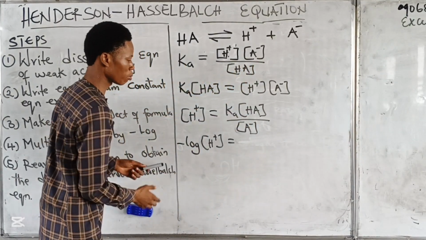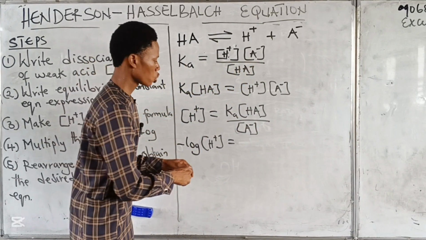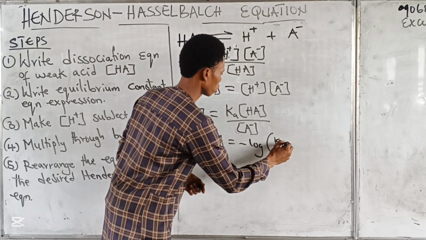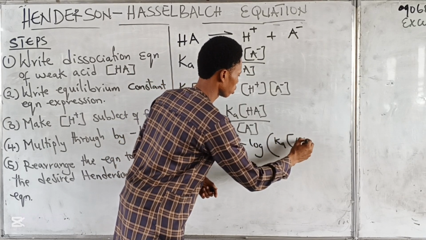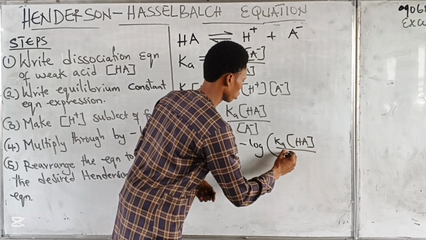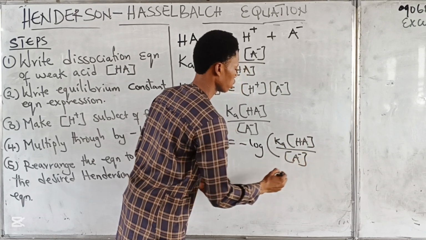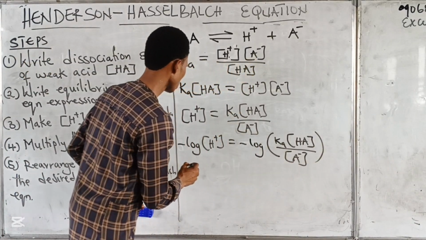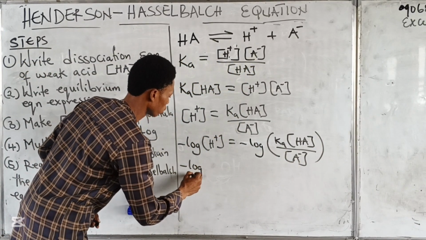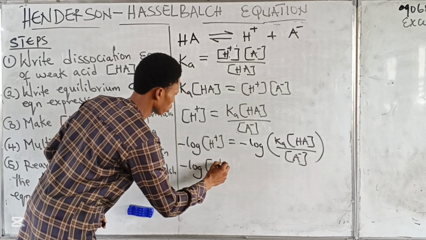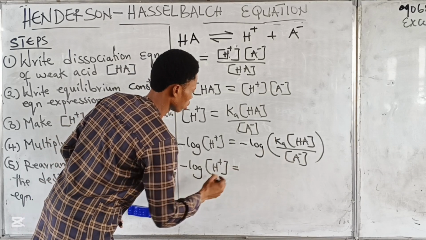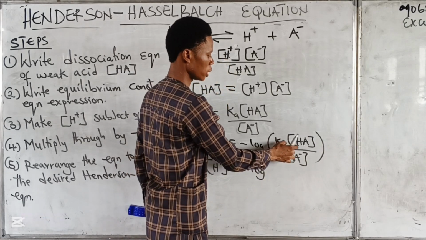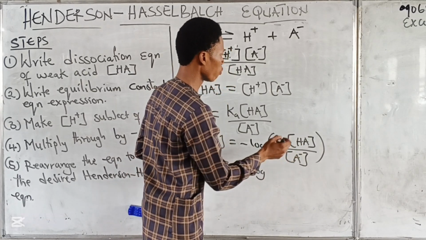We said multiply through by minus log, which is the same thing as saying minus log of everything here. Now I want to separate this.